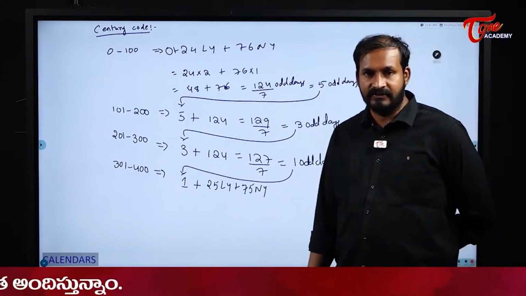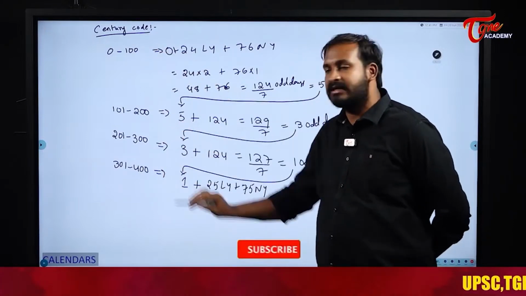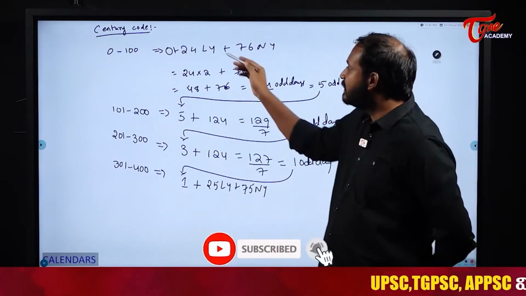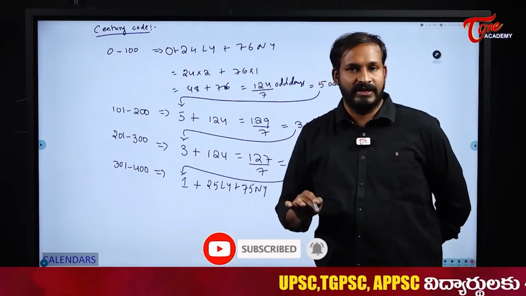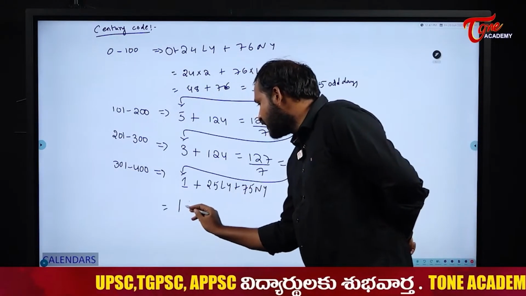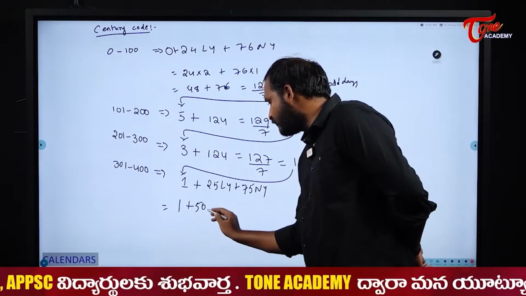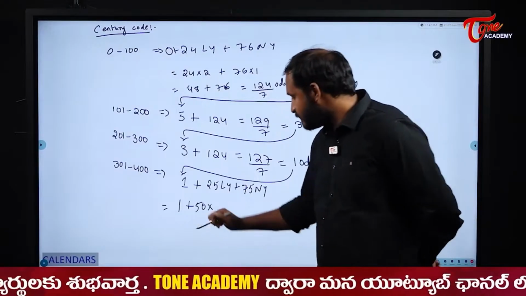400 is a leap year. When it comes to the previous centuries, 100, 200, 300 are not leap years, so in those centuries we have only 24 leap years each. Now see here, students: 1 plus 25 leap years means how many odd days? 50, because 25 into 2 is 50, plus 75 normal years.